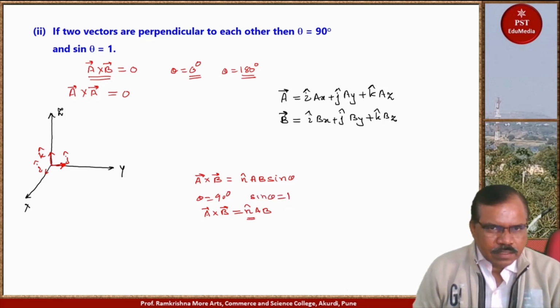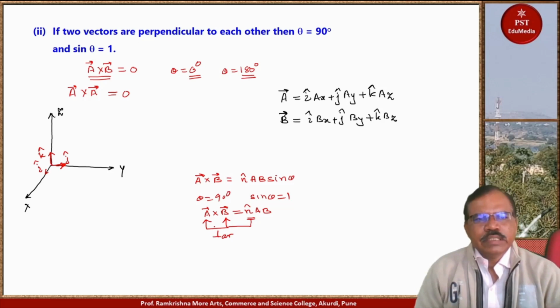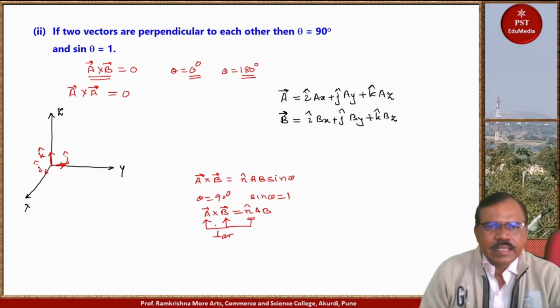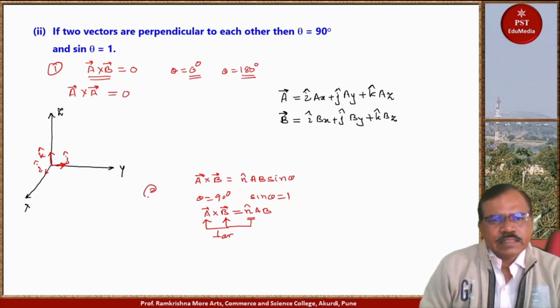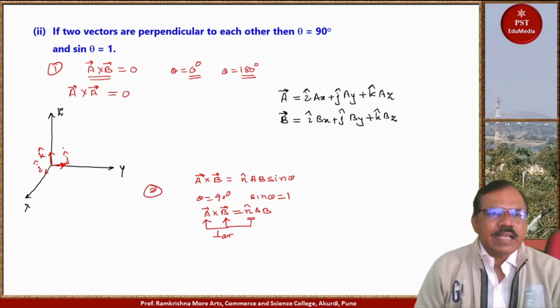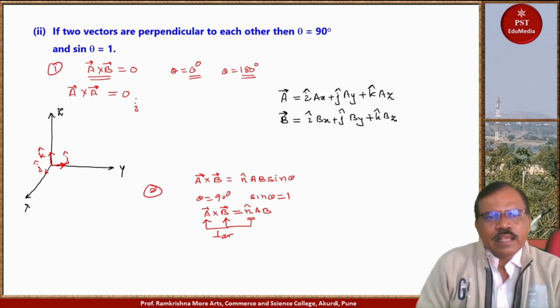And this n is perpendicular to both A and B. Perpendicular means perpendicular to plane containing A and B. Now let us take i, j, k unit vectors. So what is i cross i? They are parallel to each other, so you will get 0.